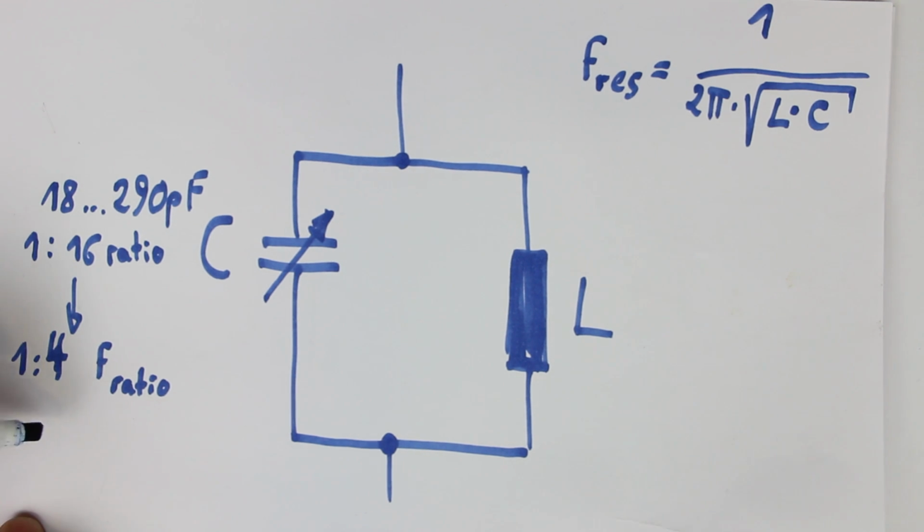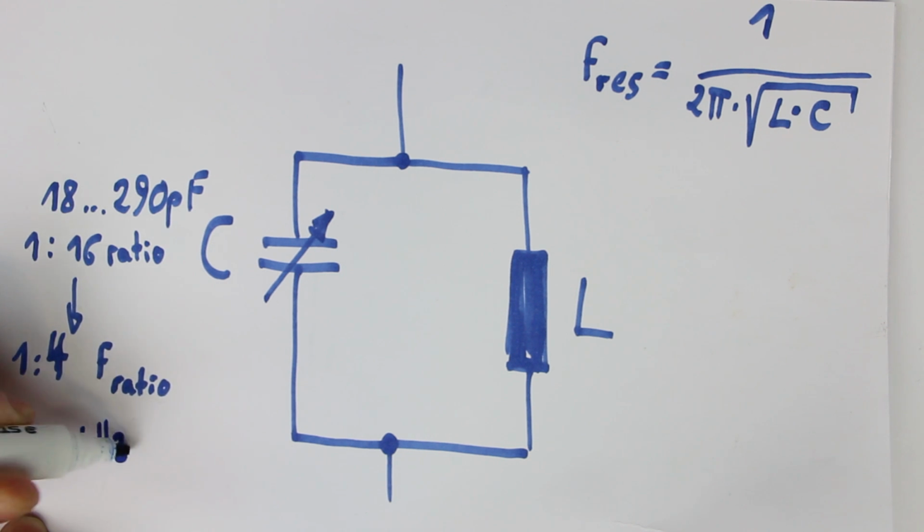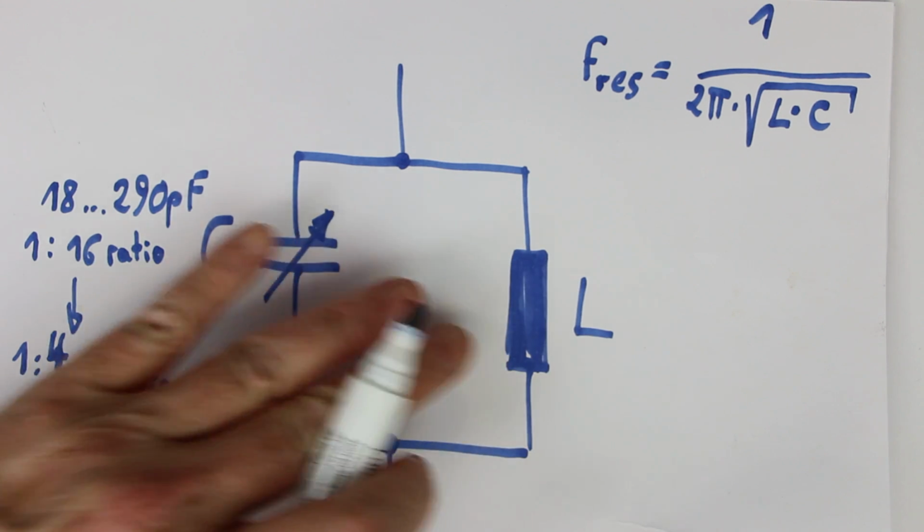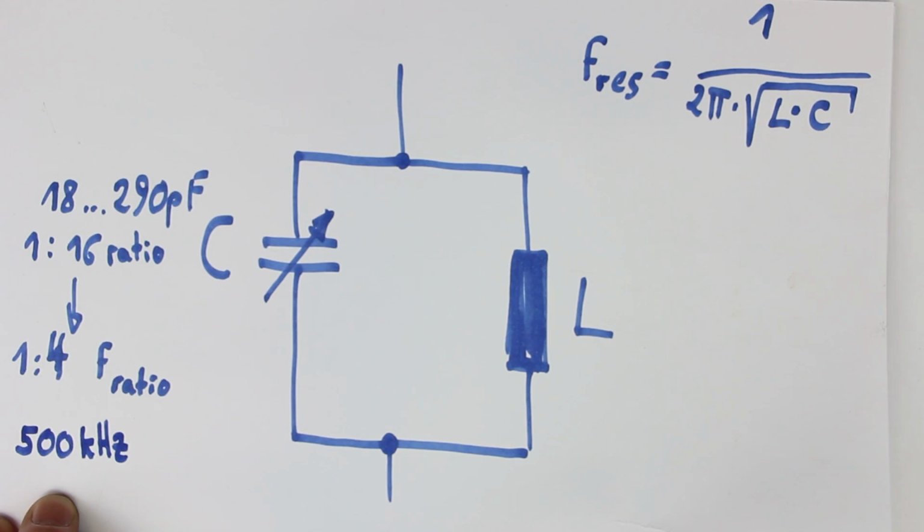Now, I've just looked up what the limits of the AM band are in Europe and in the US, and let's round it a little bit. The low end starts at 526.5 kilohertz. Let's take this as 500 kilohertz because we need a little bit of overhead because of tolerances in the L or C. So let's not take the exact value, but a rounded-off value.